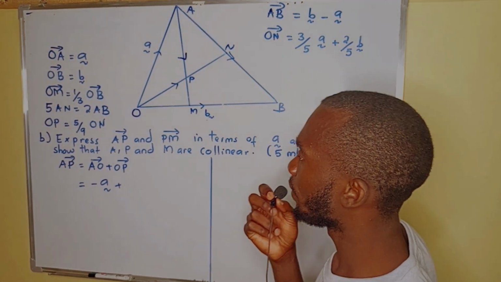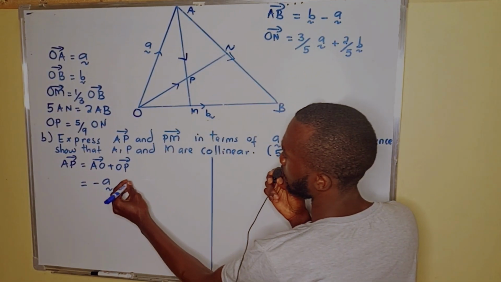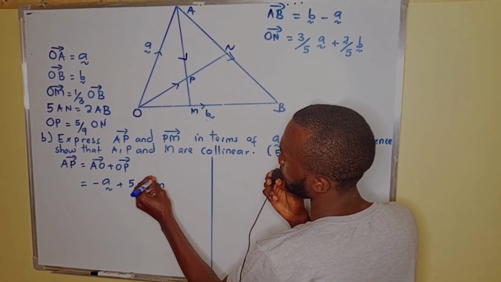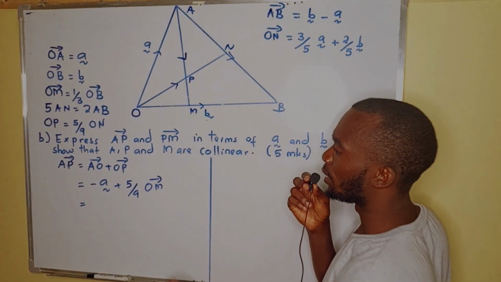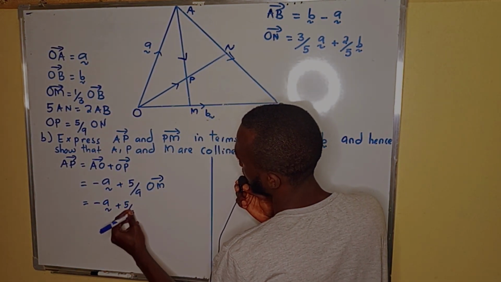Our OP here is 5 over 9 OM. So this is equal to minus A plus 5 over 9.